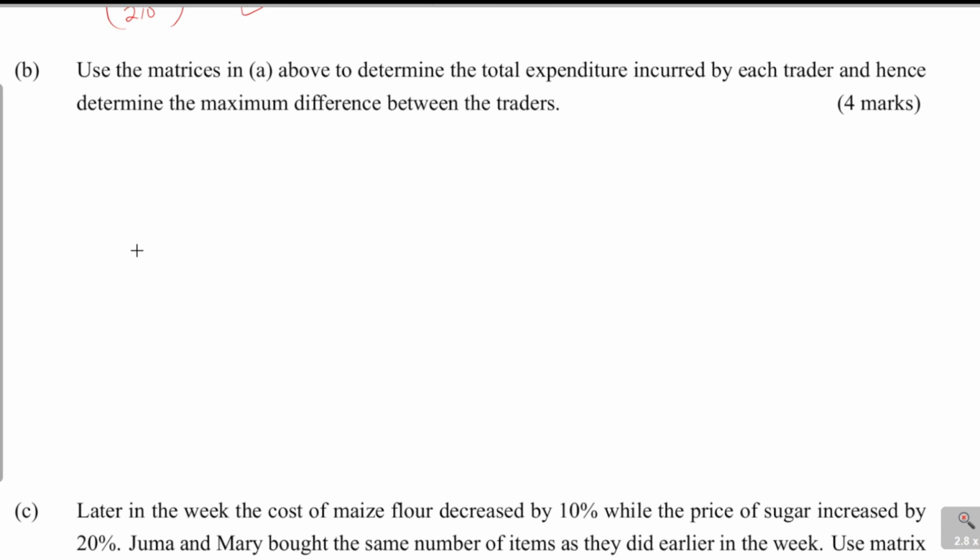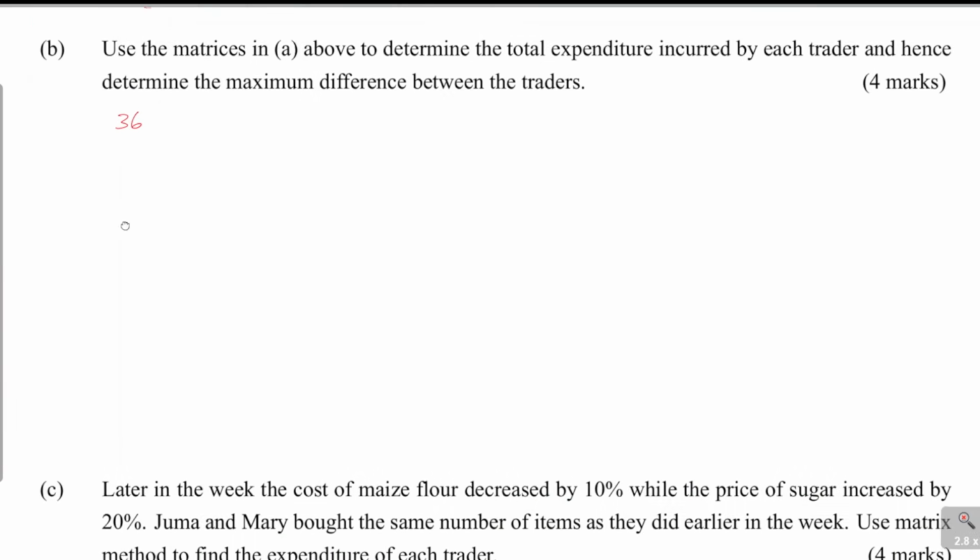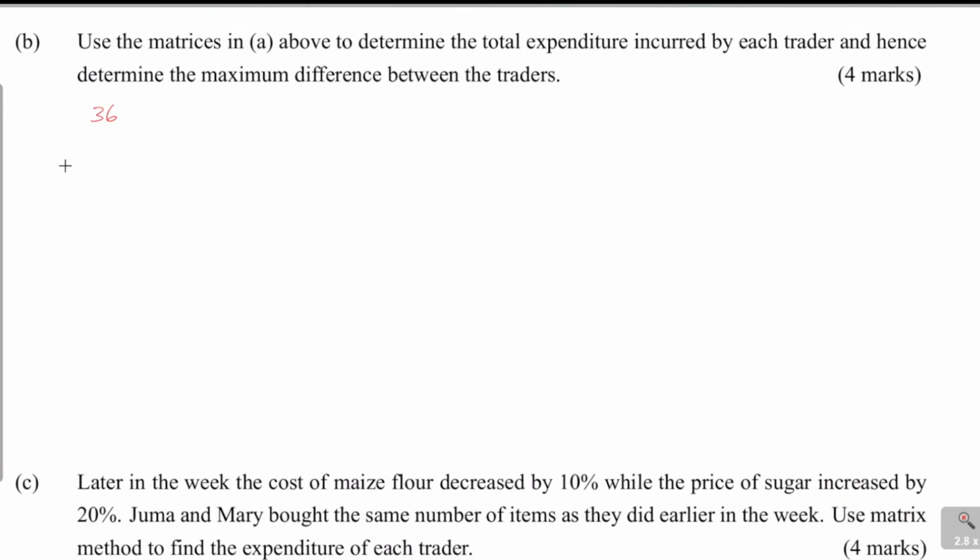So now that we have the matrices, we are using the matrix that is here: 36 20, 45 18, and then 38 25. We copy that, and then you multiply that by the prices, 170 and 210. Get the expenditure. That is the product we need to get.